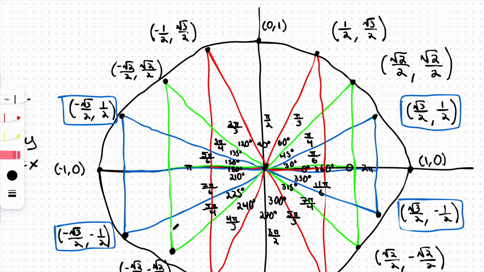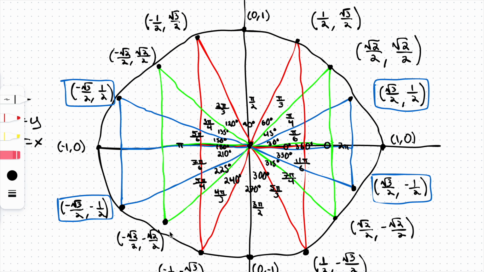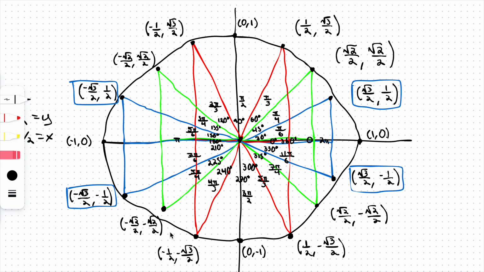So essentially, what I want you to do is burn this into your head. Once you burn this into your head, I look into the air right now and I think of the unit circle. When I get the value 30 degrees or pi over 6, I see this triangle.